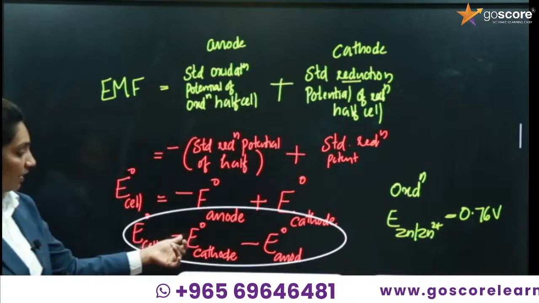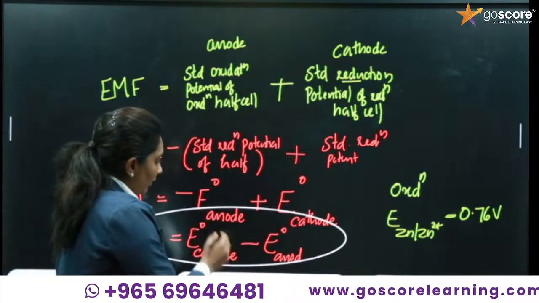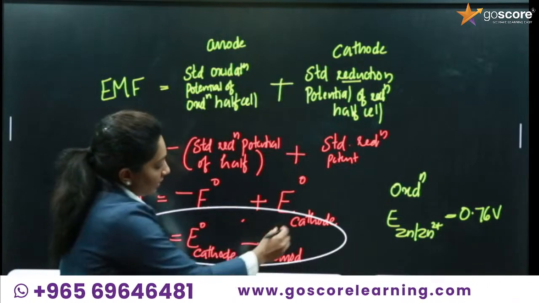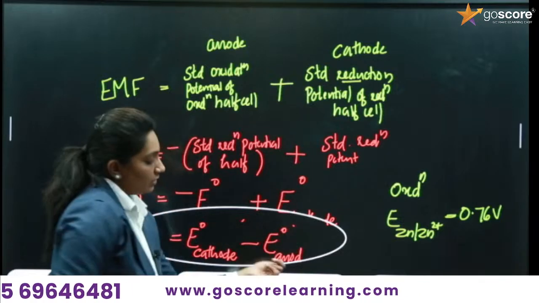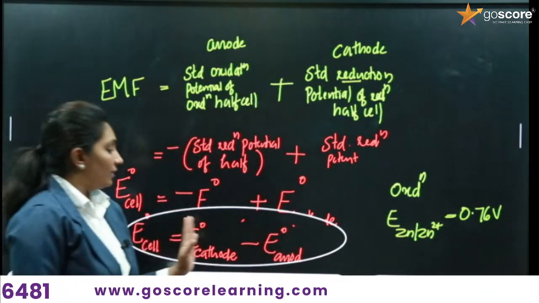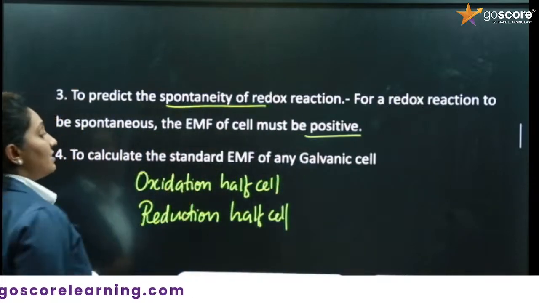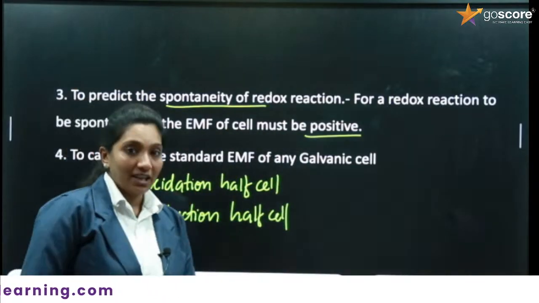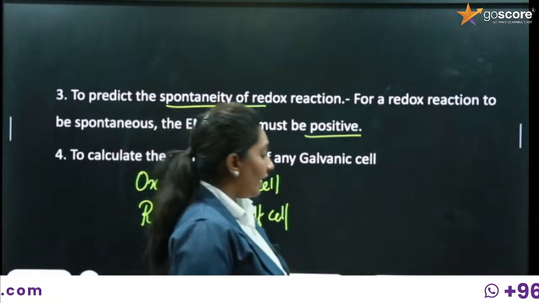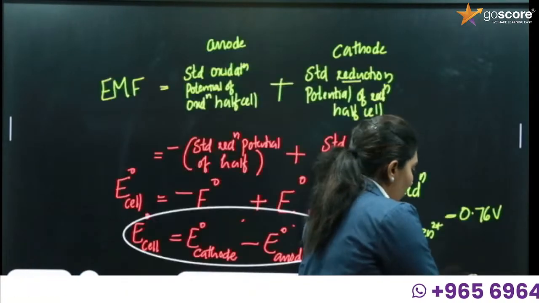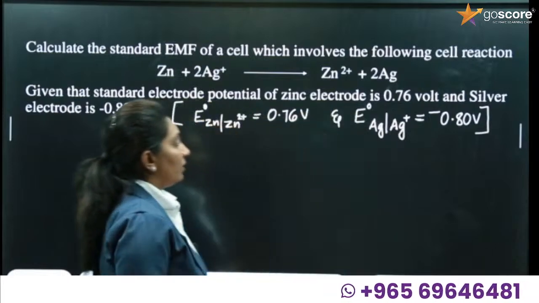So E naught cell is equal to E naught cathode minus E naught anode. This is how we can find the standard EMF of any galvanic cell using the electrochemical series. With this equation, let's see one numerical.